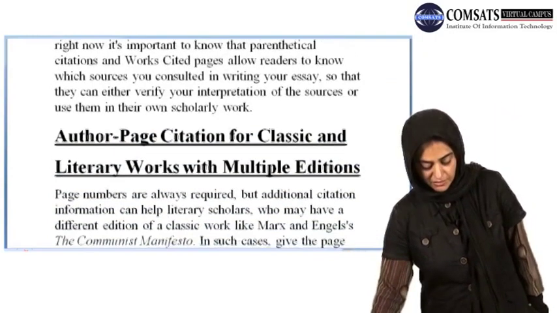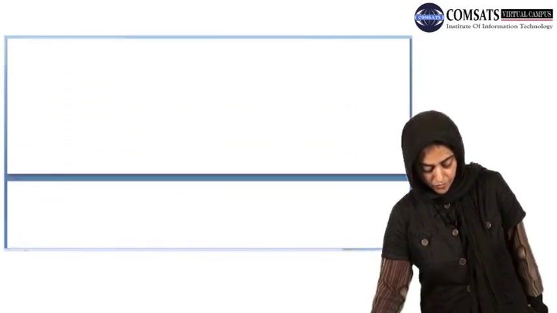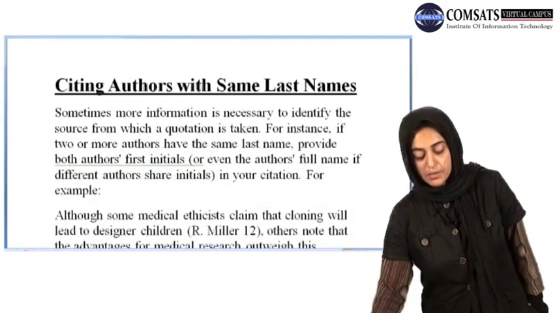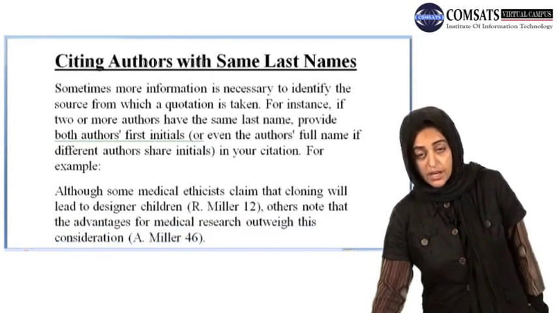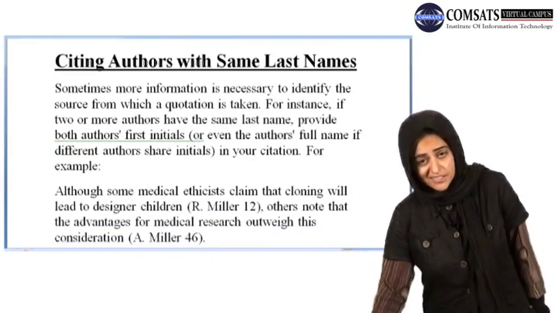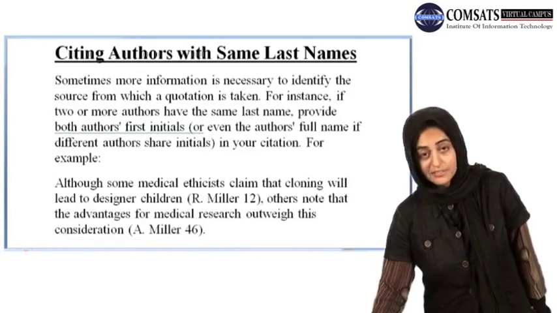With examples, we have discussed it in the last lecture in detail. Then citing authors with same last names. If there are some authors who are sharing the same last names, then how would you be creating the in-text citation for those authors? We discussed that as well through MLA formatting with examples.